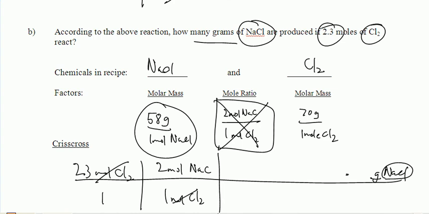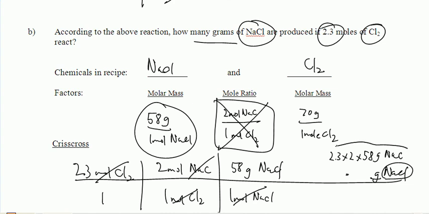Moles are going to be on the bottom here, so for every 1 mole of NaCl, 58 grams NaCl. So in this case, I'm going to multiply 2.3 by 2. That's going to be 4.6. I'm going to multiply that by 58. So 2.3 times 2 times 58 grams of NaCl. I do not have a calculator on me, so that's what you're going to do to get your final answer.